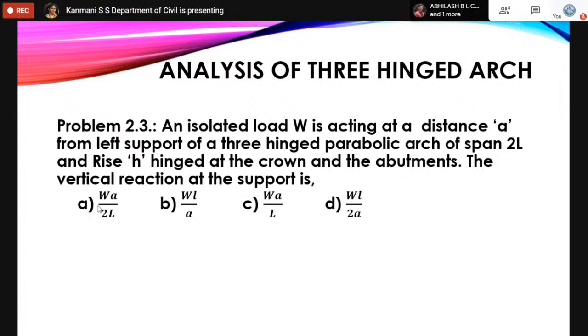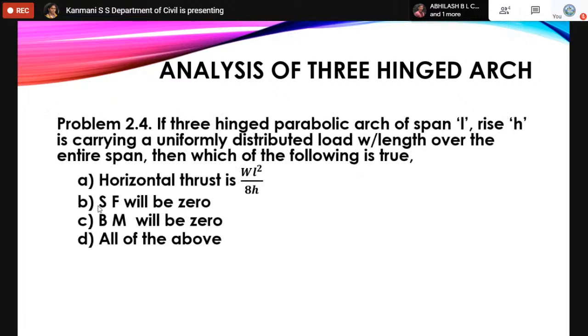Moving on to the next problem. If a three-hinged parabolic arch of span L and rise H is carrying a uniformly distributed load W per length over the entire span, which of the following is true?